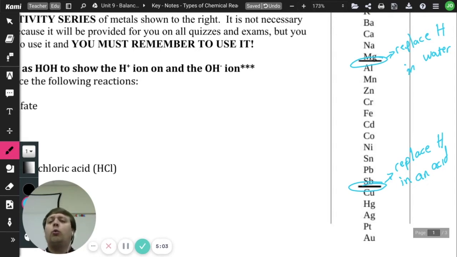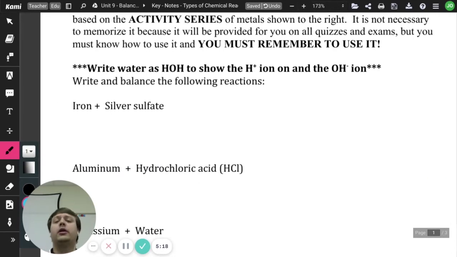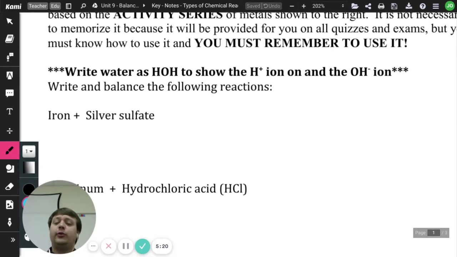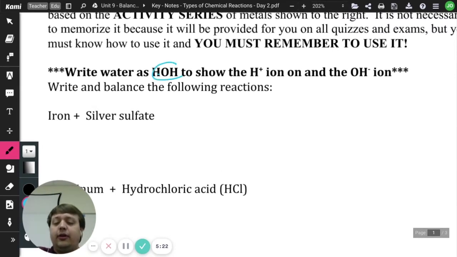Okay, so those two places are going to be something to keep in mind because I might not be able to replace some hydrogens depending on what substance it is bonded with. So depending on what the compound actually is. The other thing that I do want to remind you of is that water can be written as HOH.